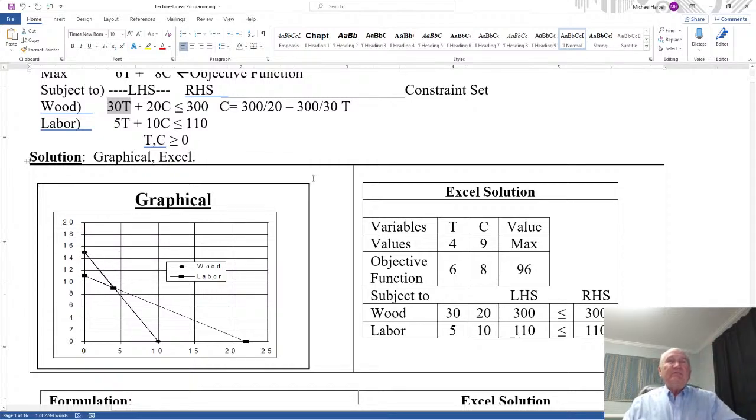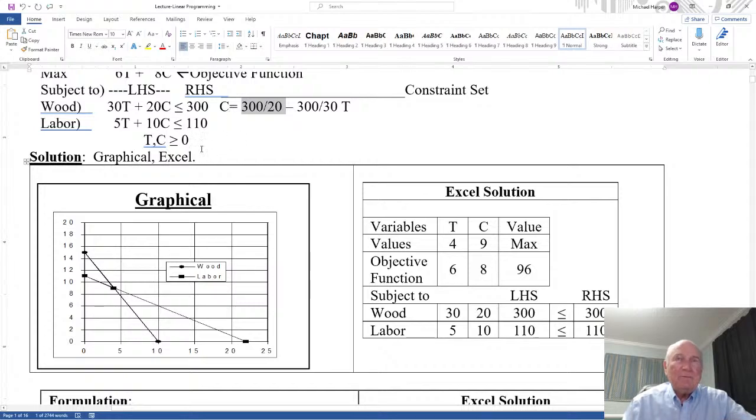But if I want to start making tables in addition to chairs, every table I make uses up 300 over 30, which is 10 board feet. So I'll be taking 10 board feet away from this 15. So every table I make, the amount of wood begins to decrease, and I can make fewer chairs. And so this is going to decrease like this. So this equation is this line right here.